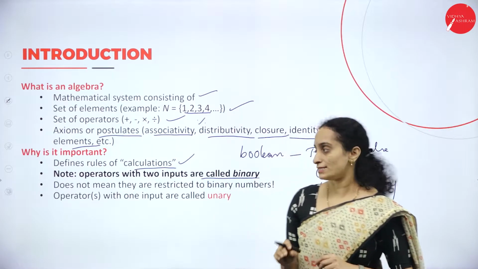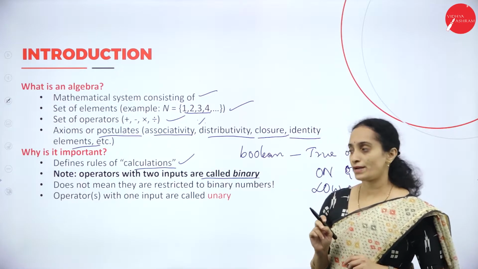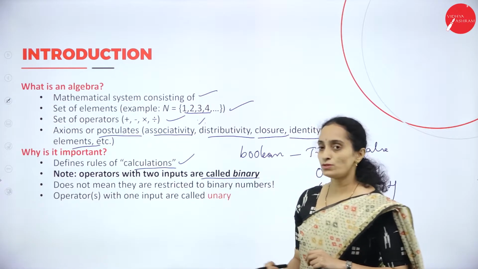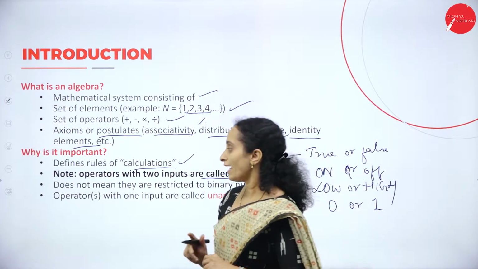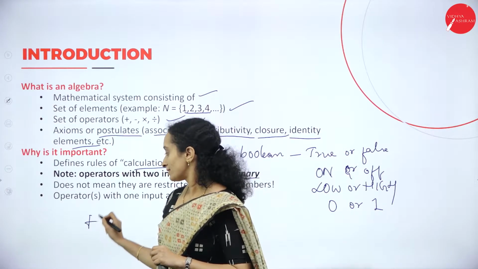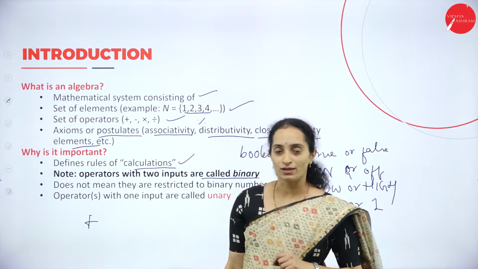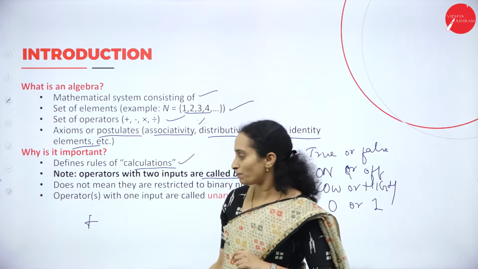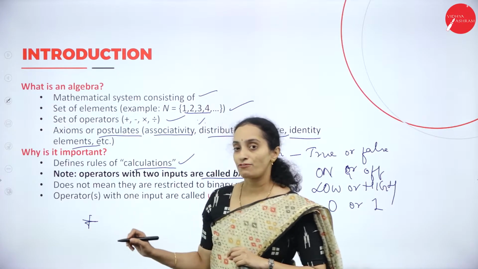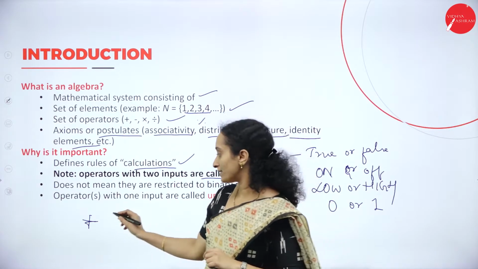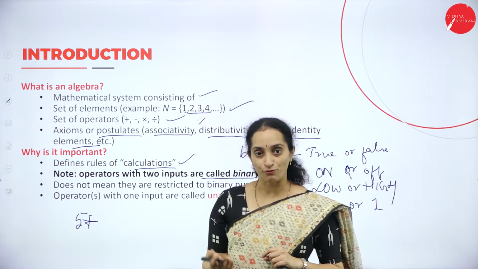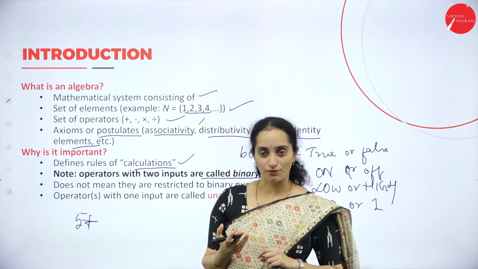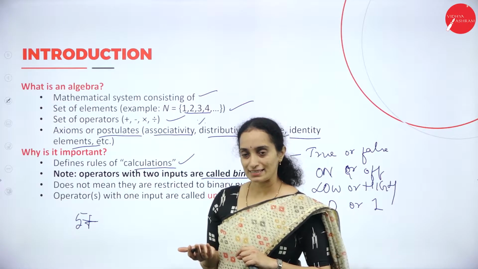The operators with two inputs are usually called binary operators. Like plus will be a binary operator. Why is it a binary operator? You cannot perform an addition operation with one value. Can you perform addition with one value? You cannot, is it not?